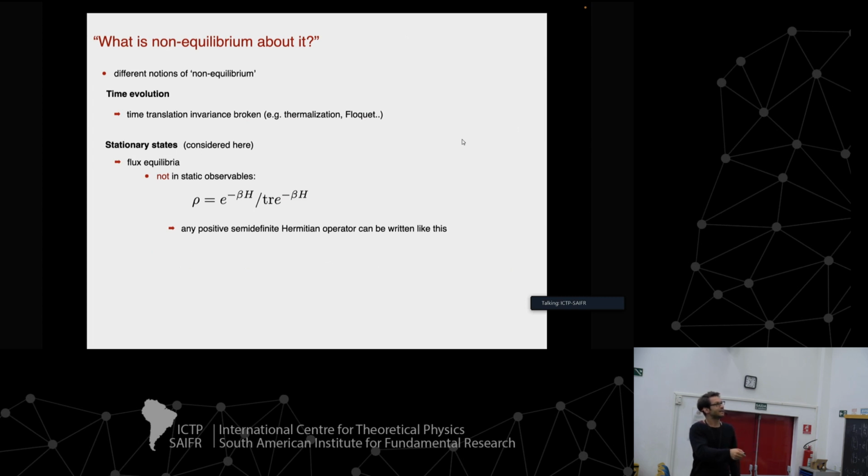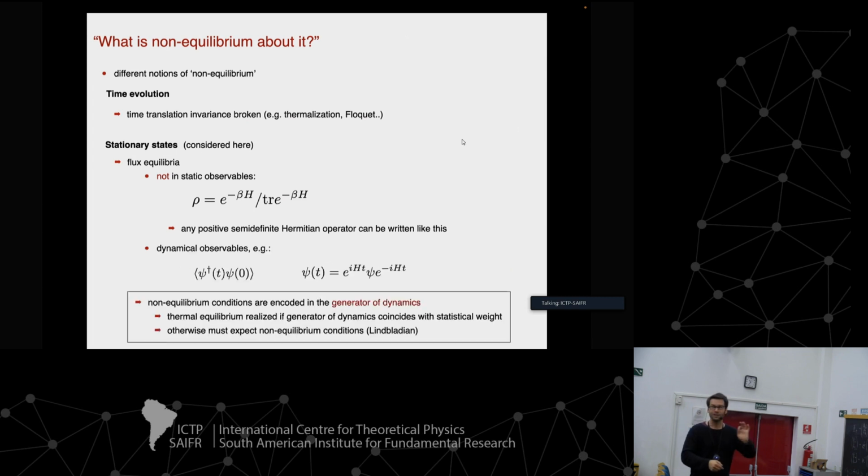Really any positive semi-definite Hermitian operator can be written like this. The decision of whether this is equilibrium or non-equilibrium is much more a question of dynamics, of what the generator of dynamics of this problem is.